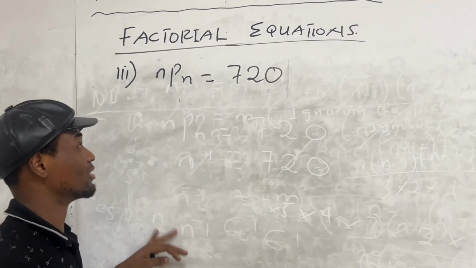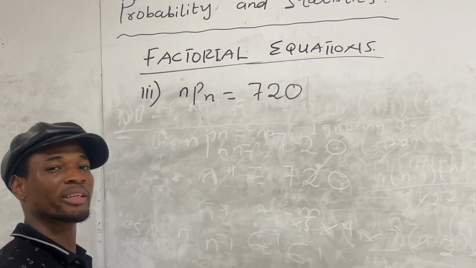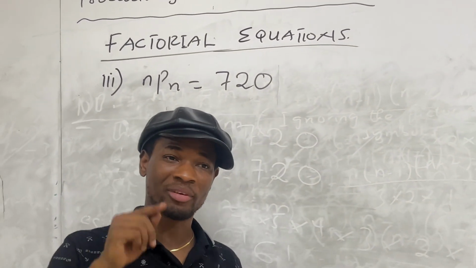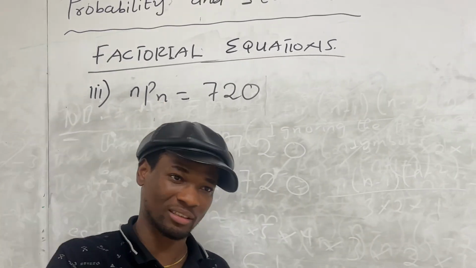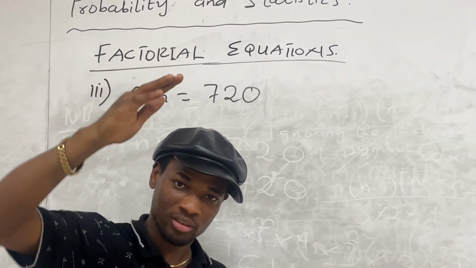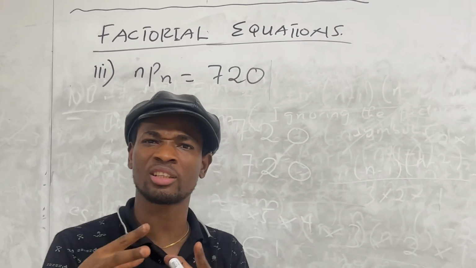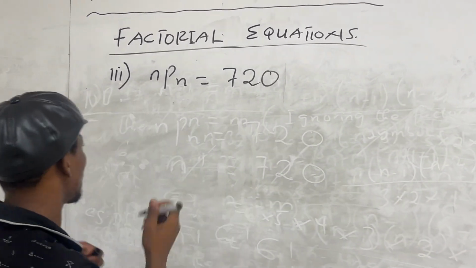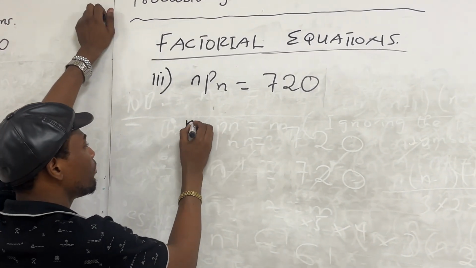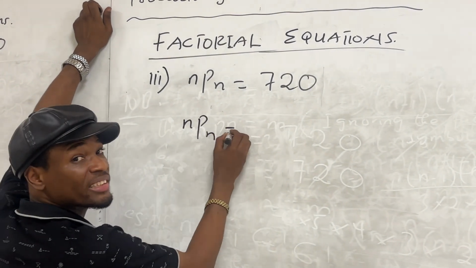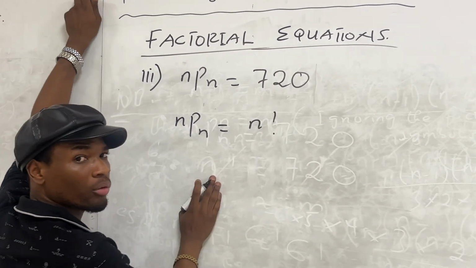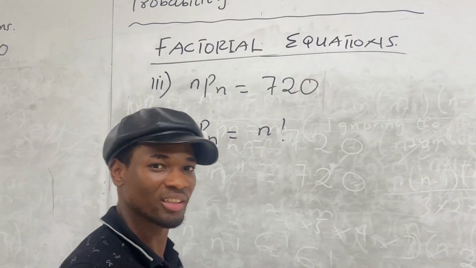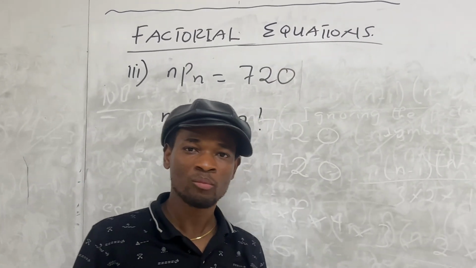Viewers, it is advisable to watch my videos from the introduction, so that you'll be able to appreciate whatever we are doing here. From the introduction, we said n permutation n is the same as n factorial. And I'm going to prove all this when we get to permutations and combinations.